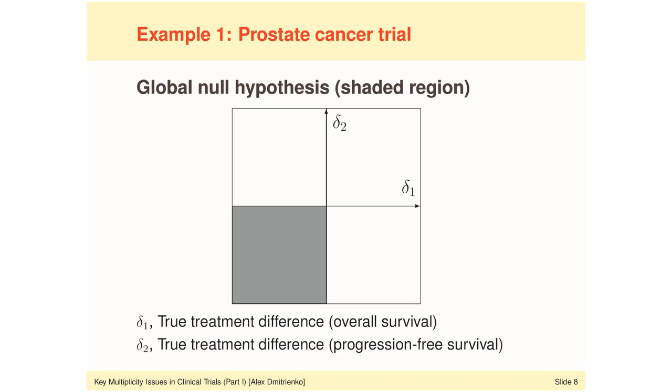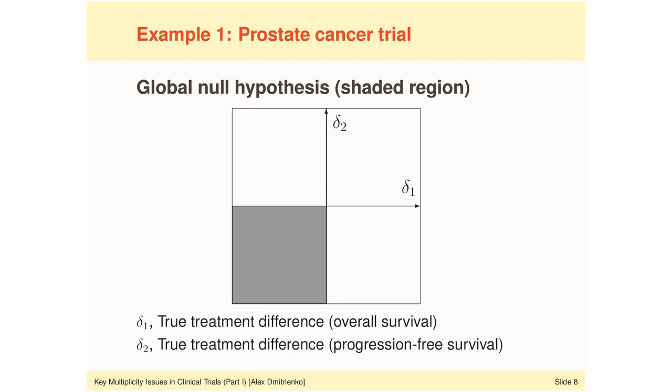This is a quick illustration of at least one multiplicity problems, or more formally, union intersection problems, based on example 1, based on the prostate cancer trial. And the delta 1 and delta 2 used in the slide are defined at the bottom of the slide.